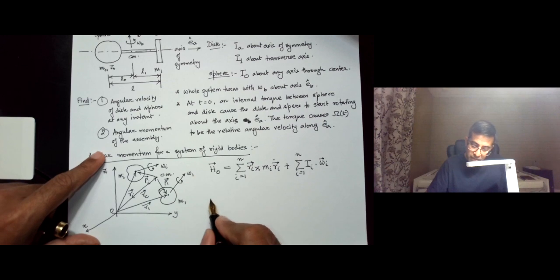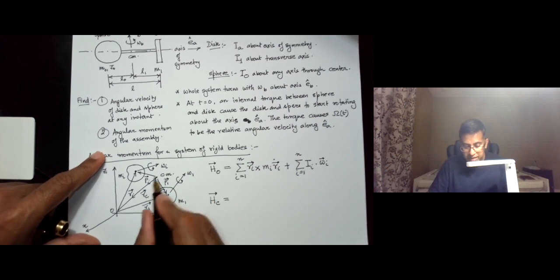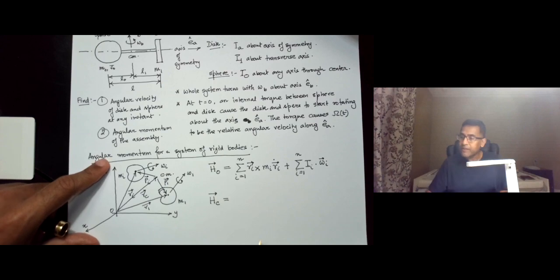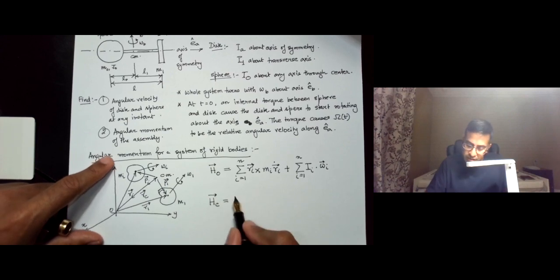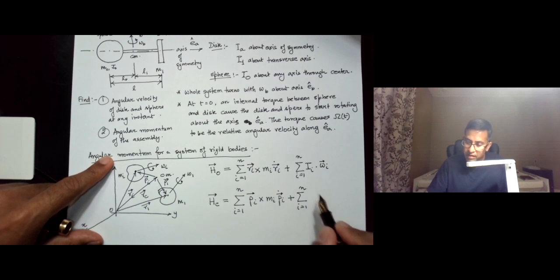Now, if we want to express the angular momentum about the center of mass, that formulation is as follows. It is summation I equals 1 to n rho I cross mi rho I dot plus summation I equals 1 to n I sub I dot omega I.